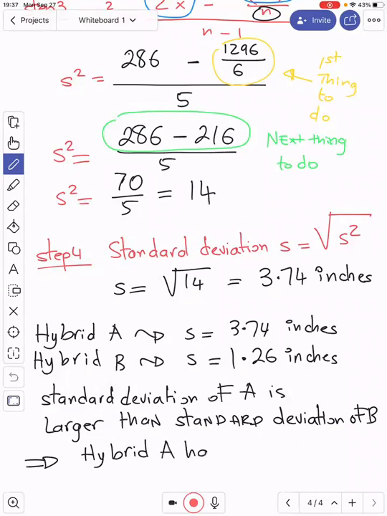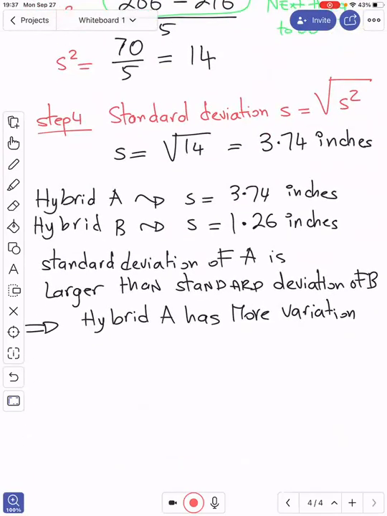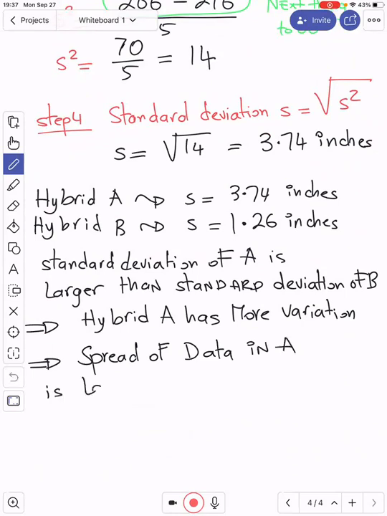In other words, the spread of the data in hybrid A around the mean is larger than the spread of the data around the mean in hybrid B. That's exactly what we expected, right?